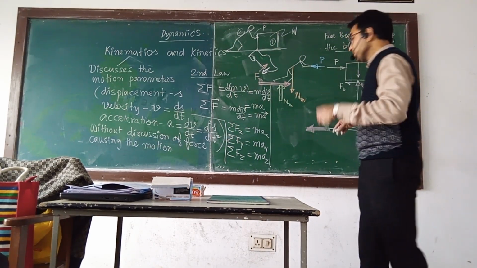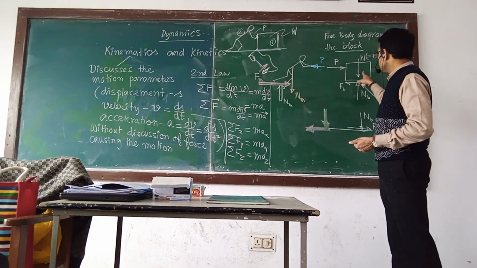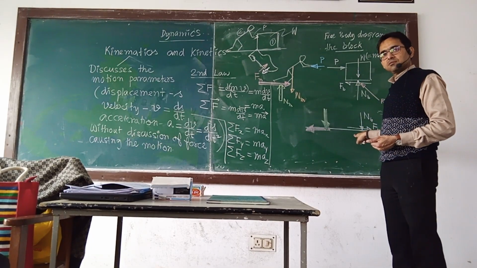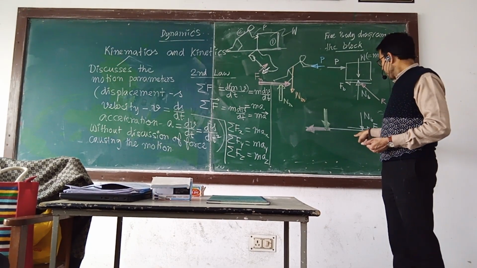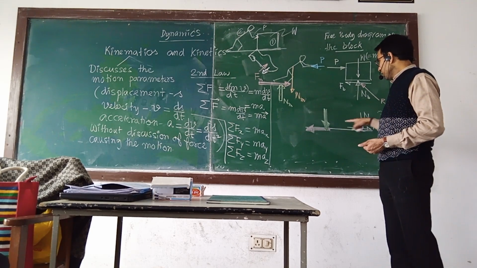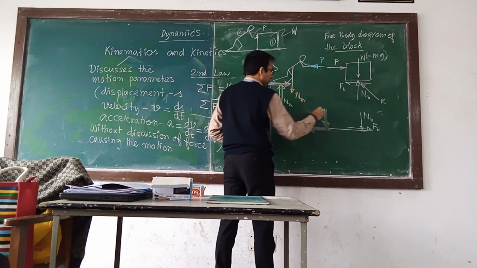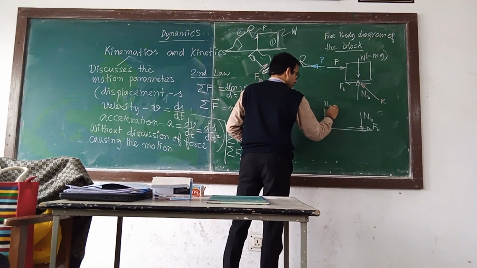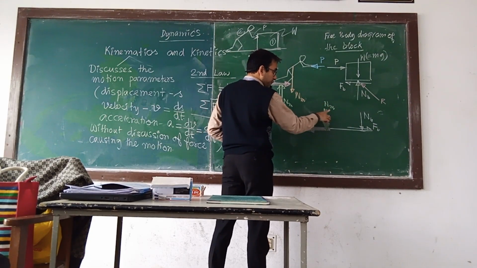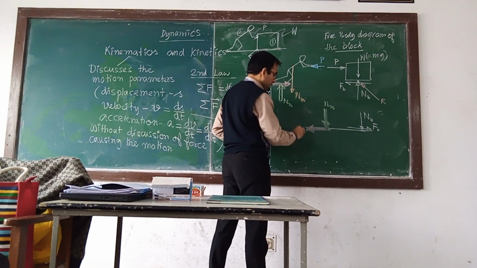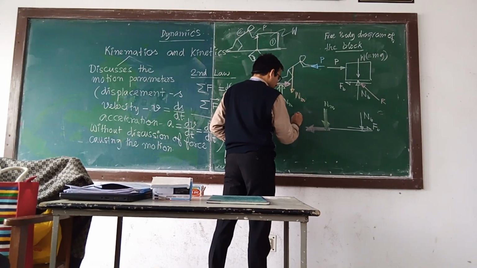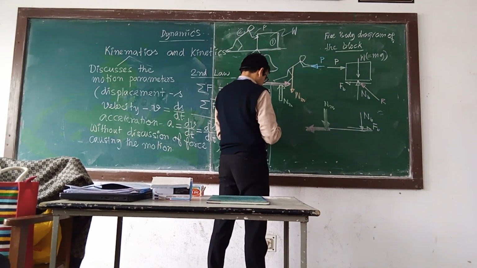Clear? And it will be on a different object. That means action is on this, but reaction will be on this. So this is MP and this is NP. And this is, say, NM on the man, by the man. This is by the man, and this is FM.